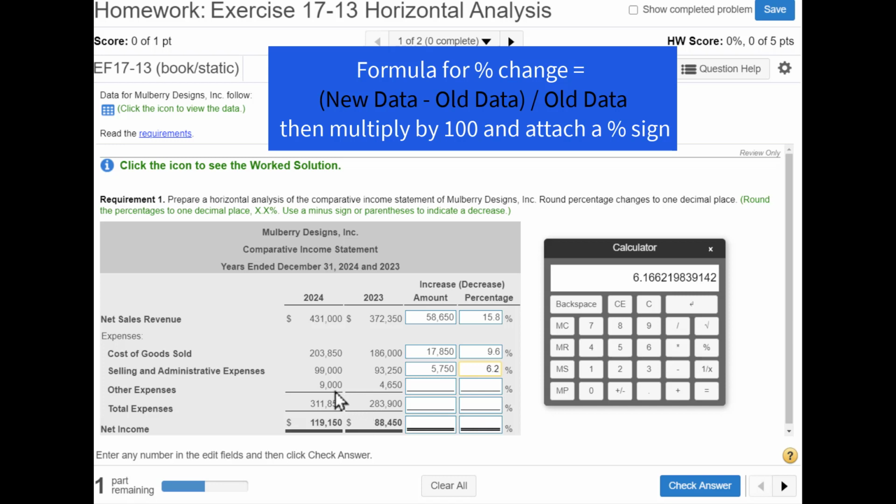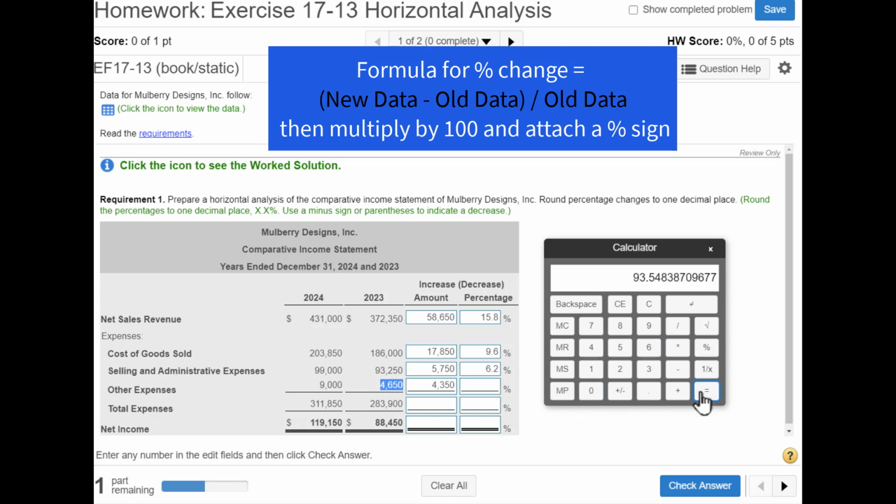And then we've got other expenses, so these are more minor. We've got 9,000 minus 4,650, which gives us 4,350. And the percentage change is the amount of change, 4,350 divided by 4,650, times 100 to convert it to a percentage.